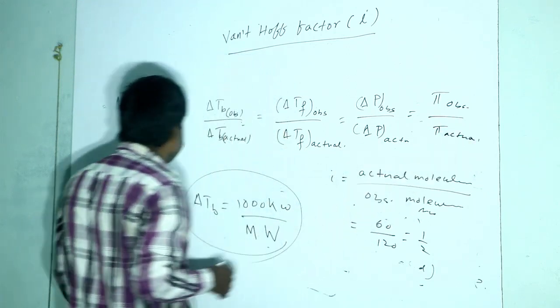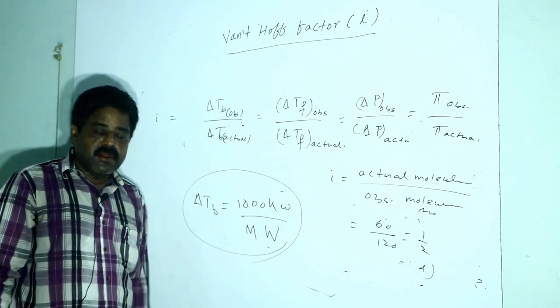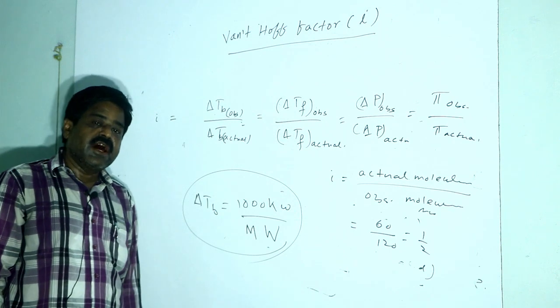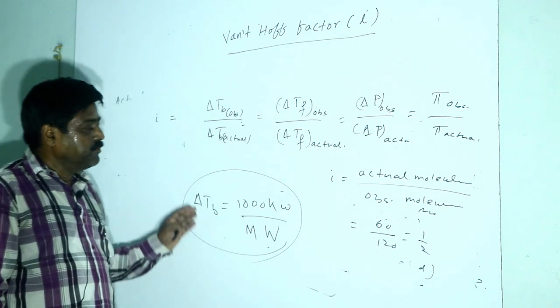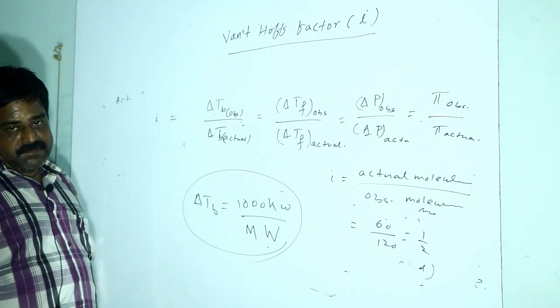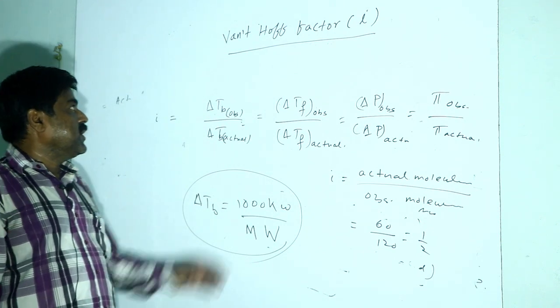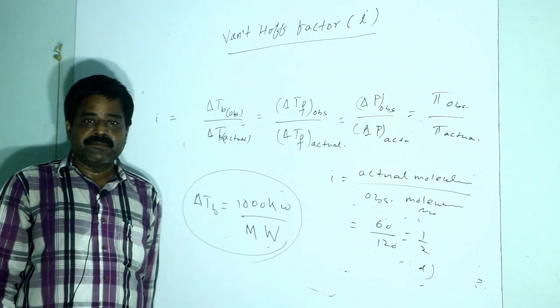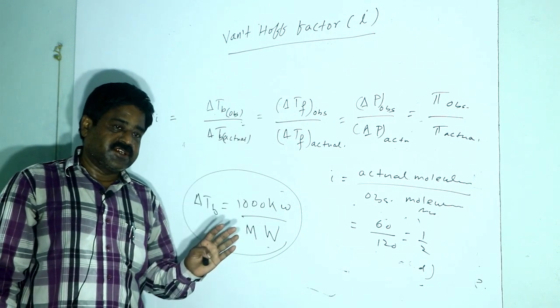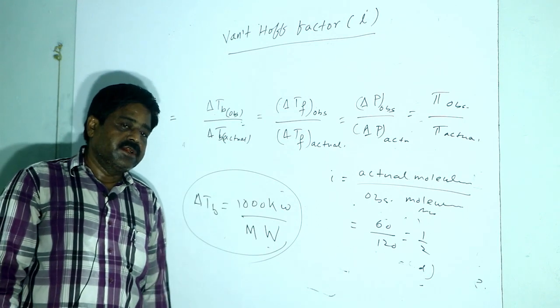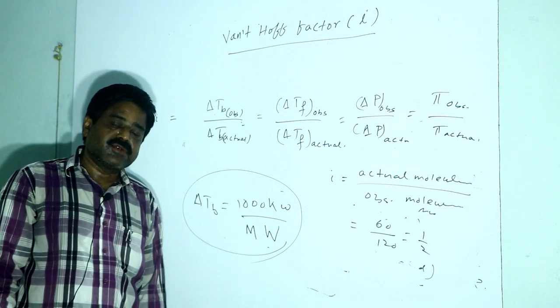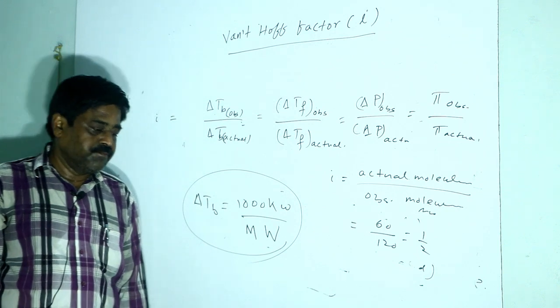These are the deviations of molecular mass calculation during association and dissociation of the solute particles. These are the relations of abnormal colligative property with the Van't Hoff factor i, and the Van't Hoff factor i decides the actual calculation during the dissociation or association of the solute in the solution.